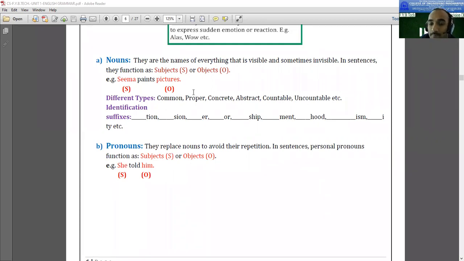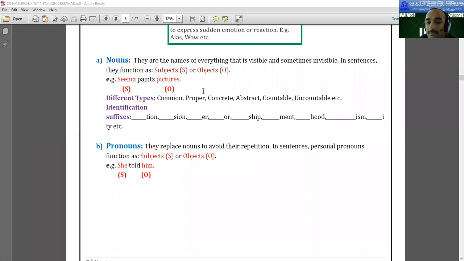Then moving towards the concrete noun. Tell me, what are the concrete nouns? A concrete noun is a noun that can be identified through one of the five senses: taste, touch, sight, hearing, or smell.